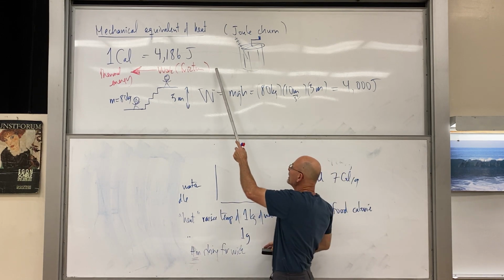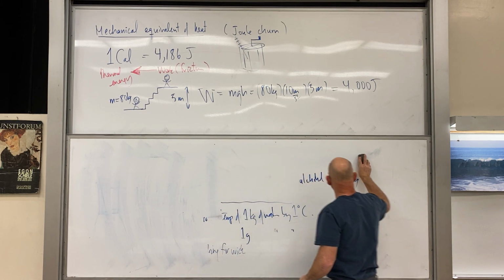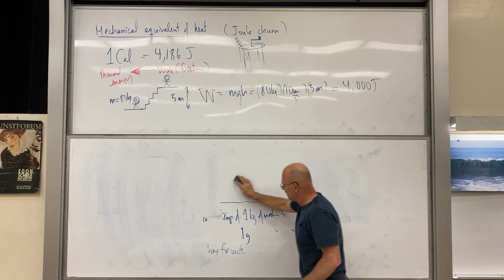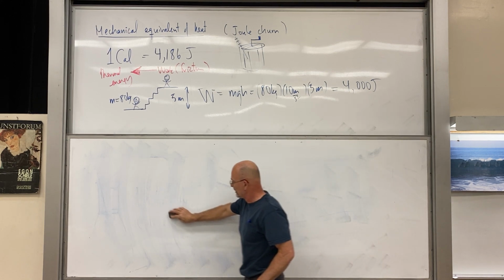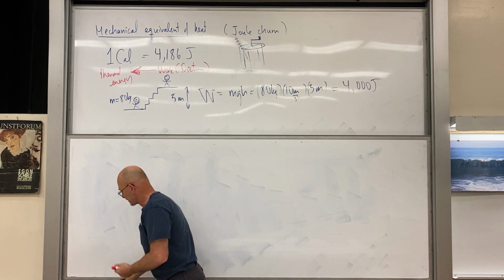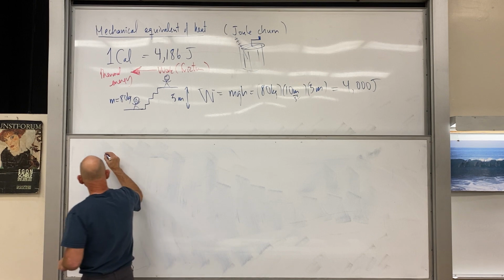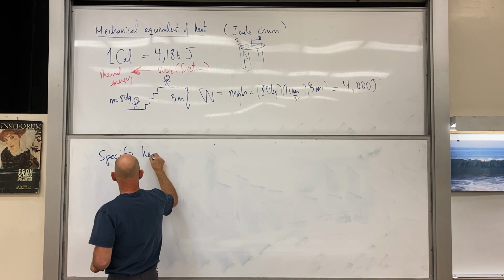We can just do everything in terms of joules. So that's what we'll do to wrap this up here. Okay, let's see, specific heat capacity. That's what we'll end with.